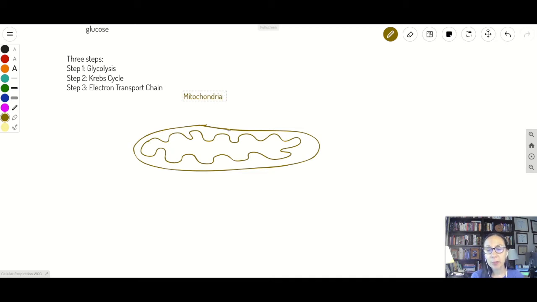There's an outer membrane and an inner membrane. So this is the outer membrane, and the outer membrane is really smooth. And then we have an inner membrane here.